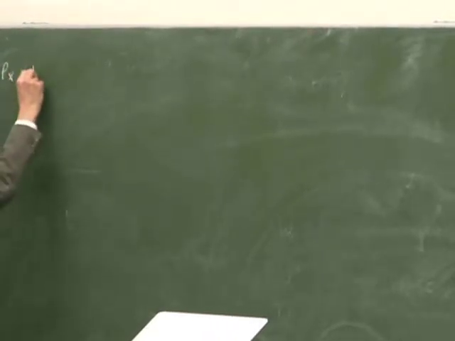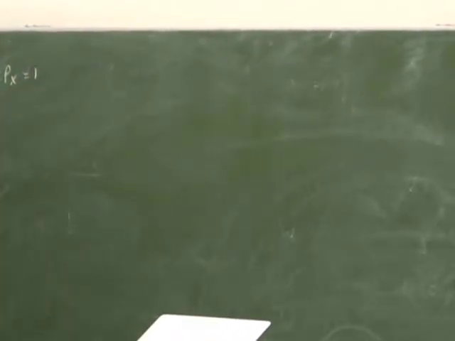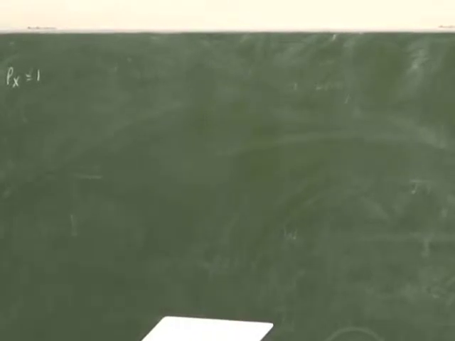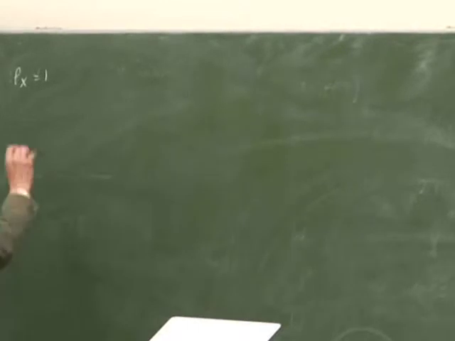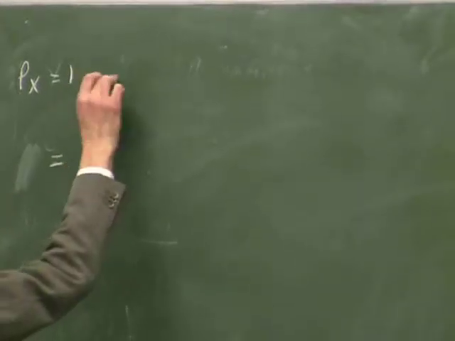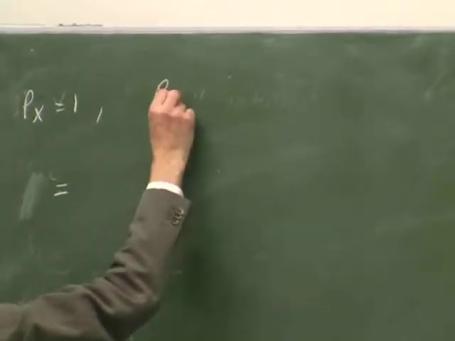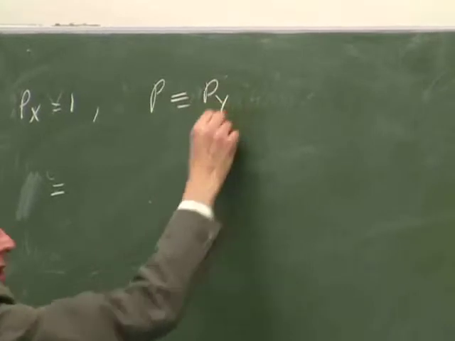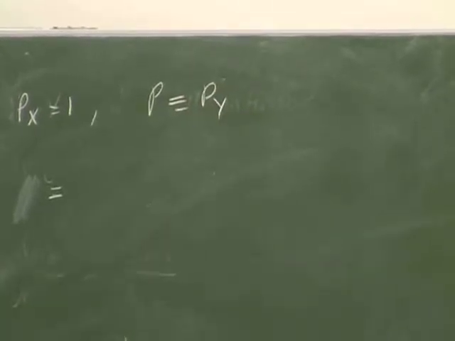So let's normalize that Px is equal to 1. This is the price of the high-skill good, so then Py will be endogenous. So we have the following. Px is equal to 1, so then P is going to be equal to Py. If I forget and just write P, I mean Py.